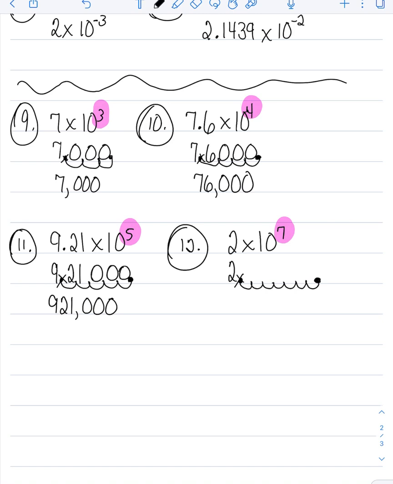There's my new decimal, and I'm going to fill all my dips in with zeros. 1, 2, 3, 4, 5, 6, 7. Yep. So in this case, 1, 2, 3. My number in standard form is 20 million.